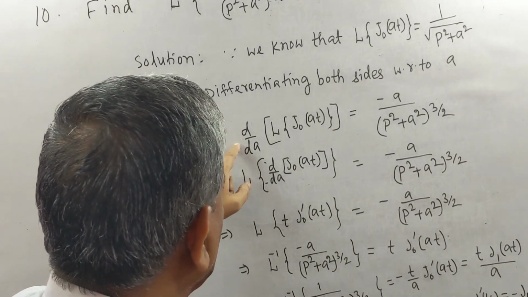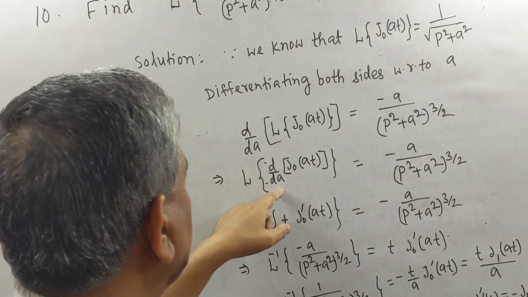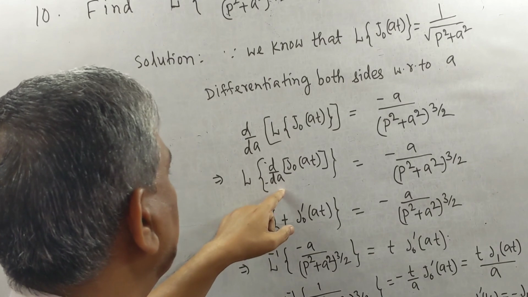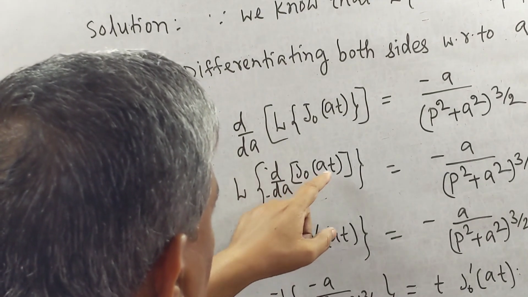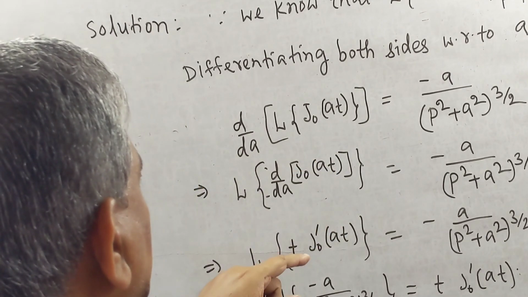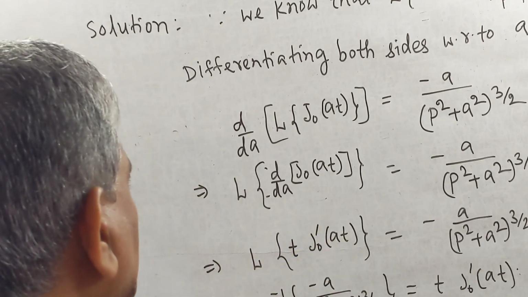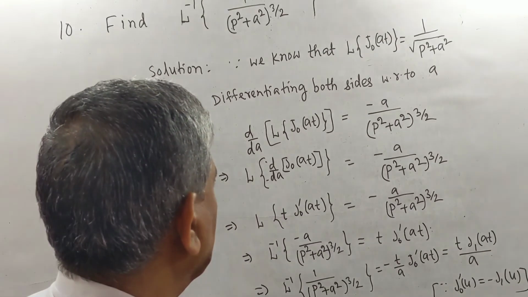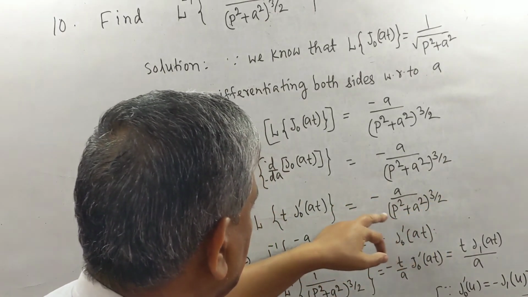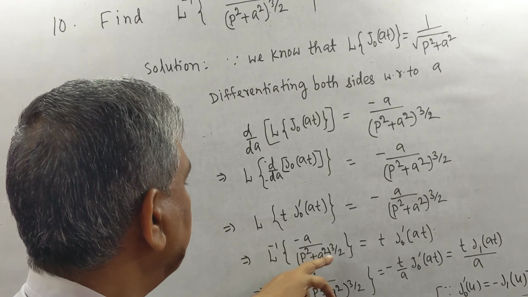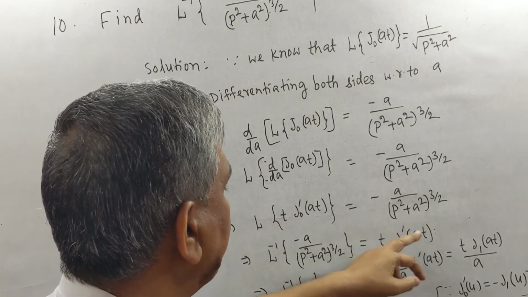Here, d by da may enter inside the Laplace transformation. So d by da of J0(at) is t J0 dash(at). So we may write L inverse of minus a by (p square plus a square) to the power 3 by 2 equal to t into J0 dash(at).